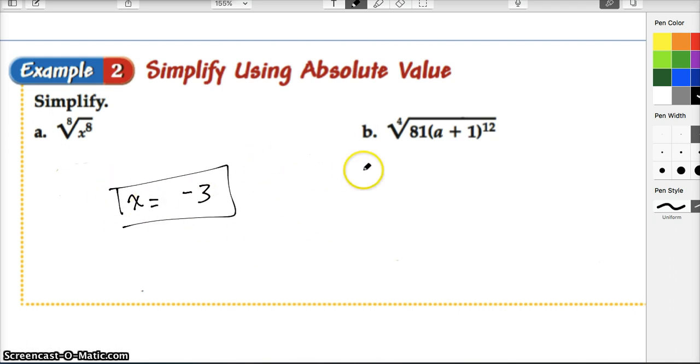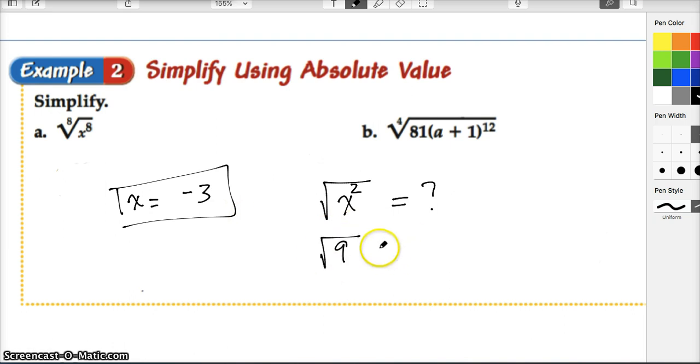If I take negative 3 and I say, let's square it, or square x, and then I take the square root of that, what am I going to get back? That's the question we're going to ask ourselves, thinking that x is negative 3. Well, if I take negative 3 and square it, I get 9.